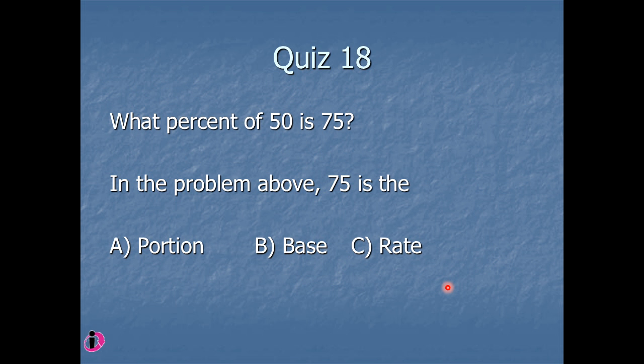This is the portion. This is interesting. As I said, remember the portion can be greater, larger than the base, because the base is 50, right? But the portion is 75. Okay. So this is the portion. Now the unknown is, of course, the rate.